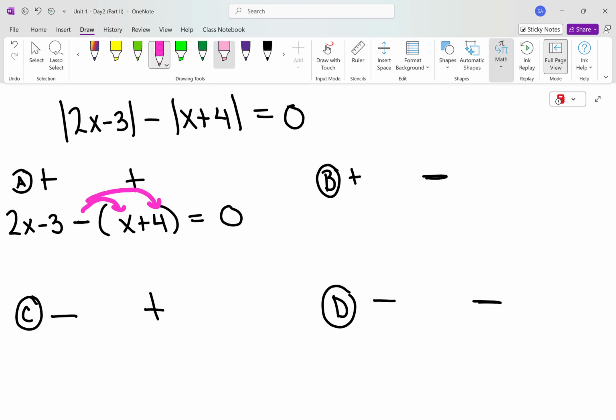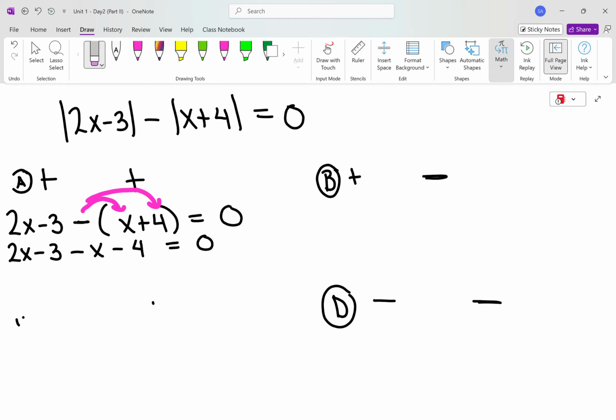So I'm going to have to distribute. So when I distribute, I end up with 2x minus 3 minus x minus 4 equals 0. And now we're going to solve. So I will have x minus 7 equals 0, and x will equal 7.